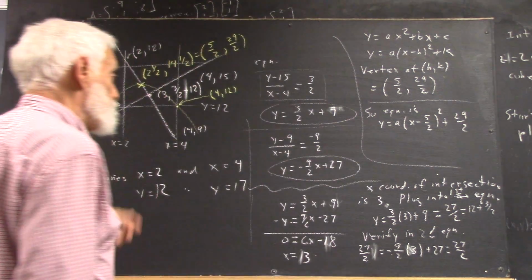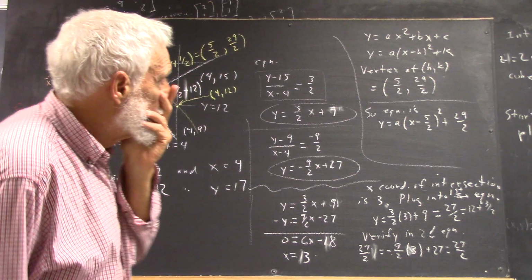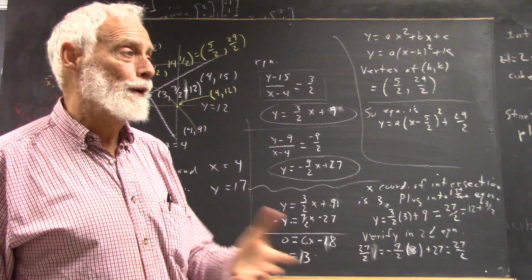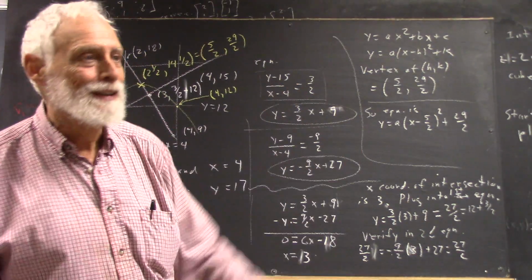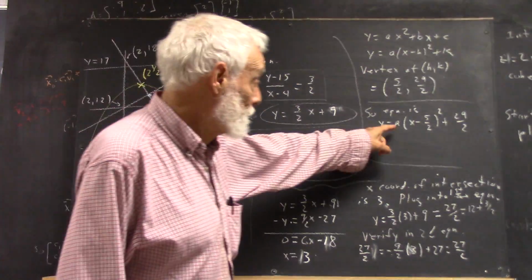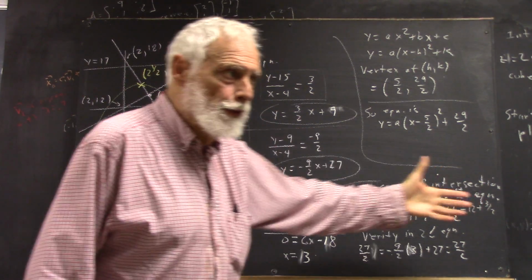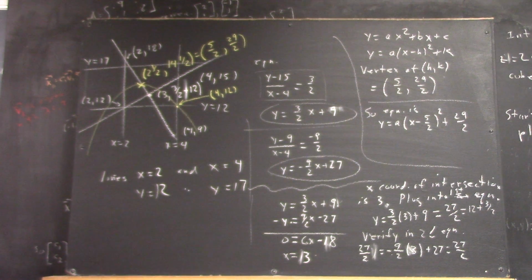Okay. Now there's only one thing that we're missing. What are we missing? Same thing that a lot of people missed when they did the test, is the vertical stretch, right? Is the A. We still don't have a number for A, do we? Do we have anything up here that'll help us figure out A?